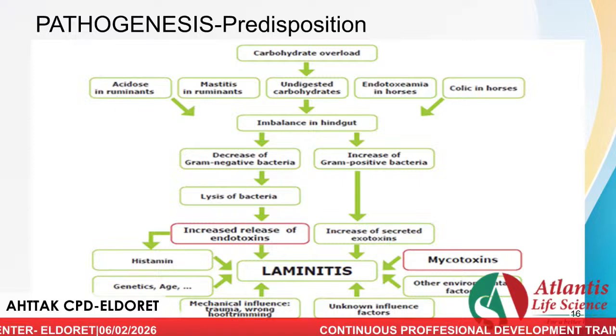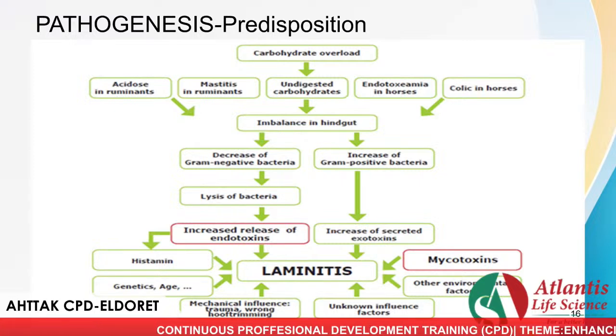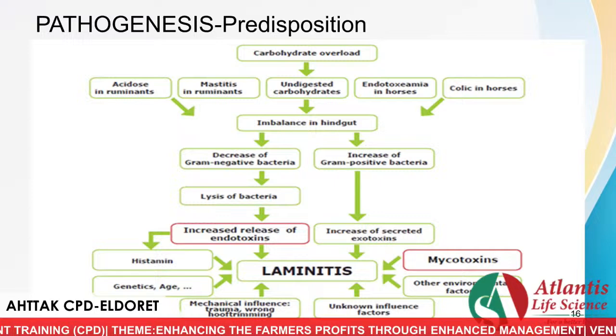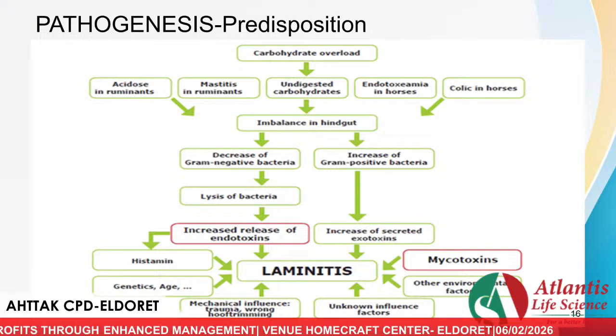So when you have grain overload, that means the animal will have a lot of concentrate in the stomach. I think this case of laminitis is very common when people have harvested maize and they leave the maize in the farm, so the cows go and eat a lot of maize. So they will have a lot of issues with grain overload.